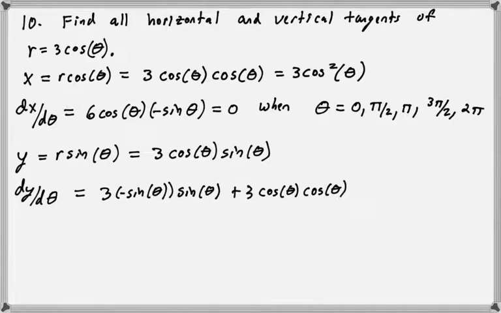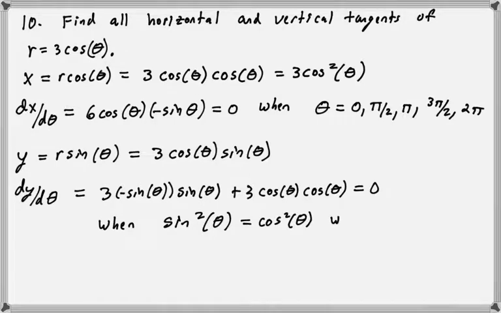And we're going to set that equal to 0 to find our horizontal tangents. So we can add the negative 3 sine squared to both sides. And so basically we're going to have sine squared of theta is equal to cosine squared of theta.